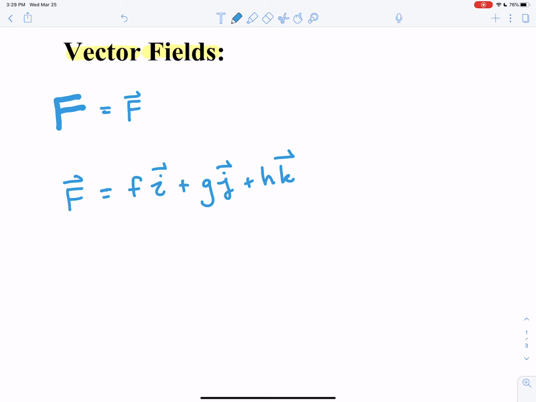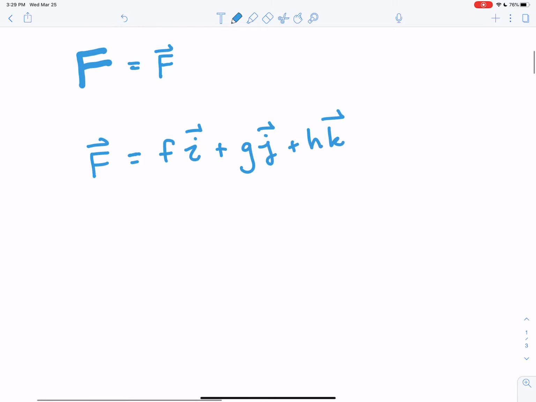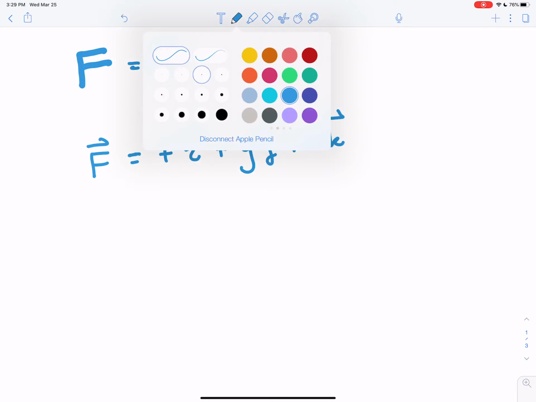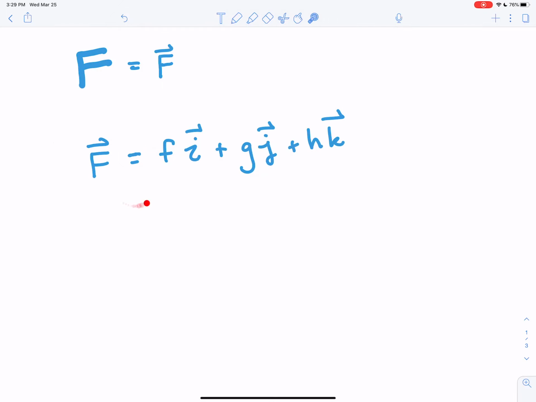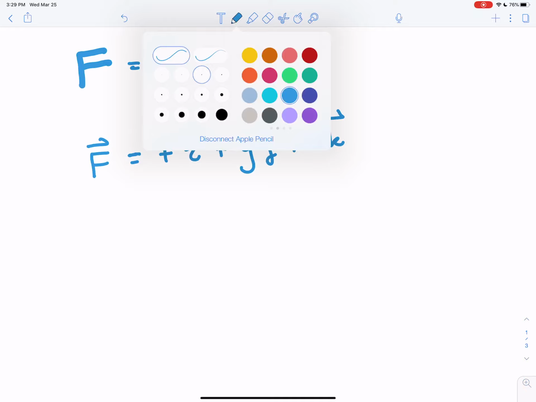The output of this function is a vector with an i, a j, and a k component, and these functions F, G, and H tell you how the point in space relates to it.